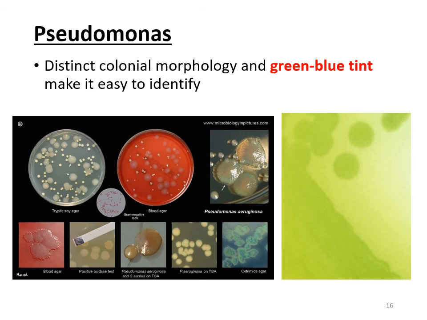They're called pyocyanine and pyoverdine, but you don't have to know that. Just know that when you see green-blue tint colonies, we usually associate that with Pseudomonas. Remember where you might get Pseudomonas and what it might cause.